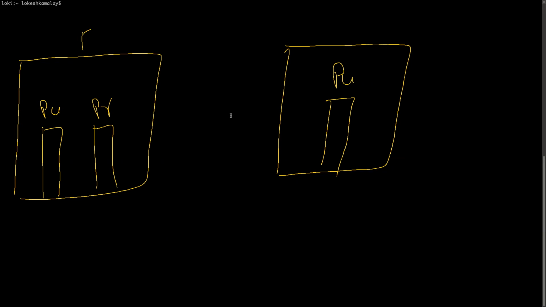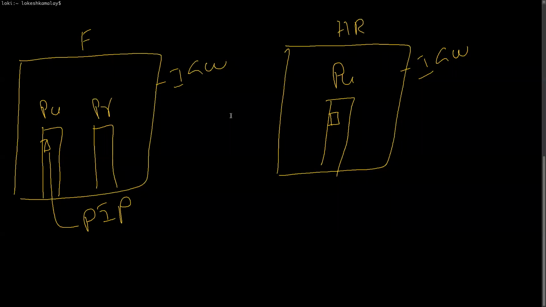This is a finance one and this is HR one. Okay, and we have also added an internet gateway, and we launched a machine here. Okay, so now it has a public IP, and this also has a public IP.